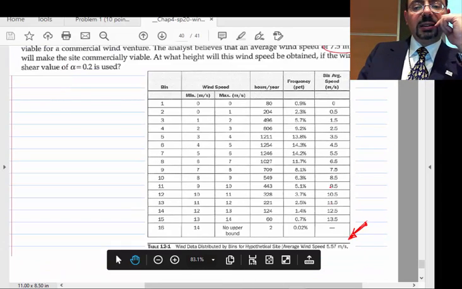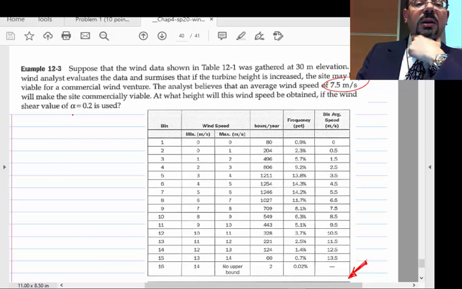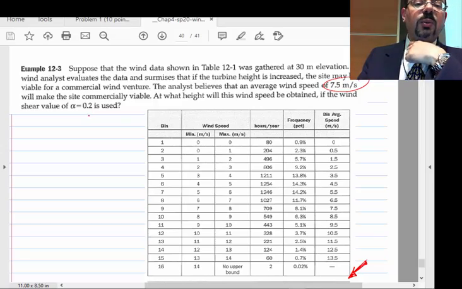So the terrain will decide how much alpha is. Let's use alpha 0.2. The analysis believes that an average velocity of 7.5 meter per second will make the site commercially valuable. At what height will this wind speed be obtained if the wind shear value alpha equal to 0.2 is used?